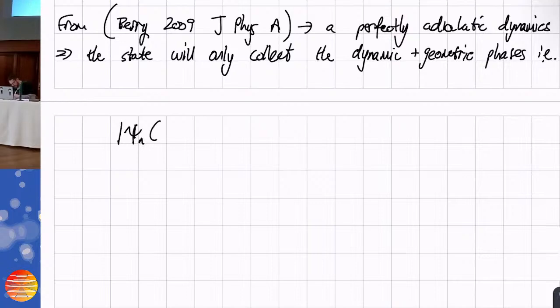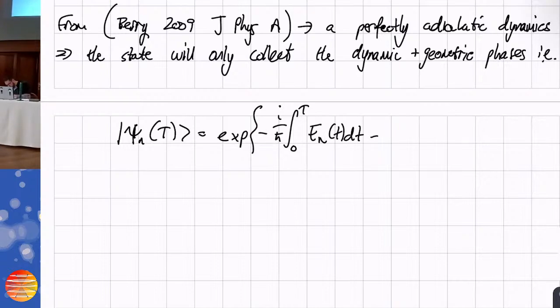The time-evolved state, at time big T, is going to be given by e to the minus i over h bar integral between 0 and t of my dynamical phase, E n of t dt, minus my Berry phase, the integral of <n| d/dt |n>, and then the instantaneous eigenstate.